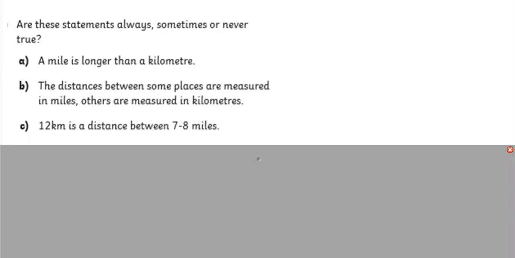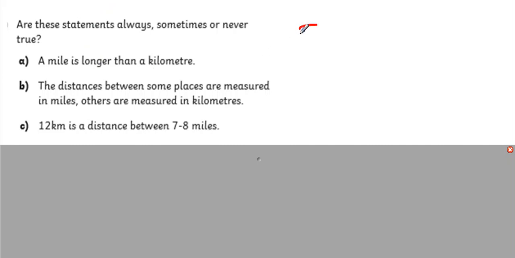Have a look at this one. Are these statements always, sometimes, or never true? A: A mile is longer than a kilometre. B: The distance between some places are measured in miles, others are measured in kilometres. And C: 12 kilometres is a distance between 7 to 8 miles. So we can do A really easily, can't we?